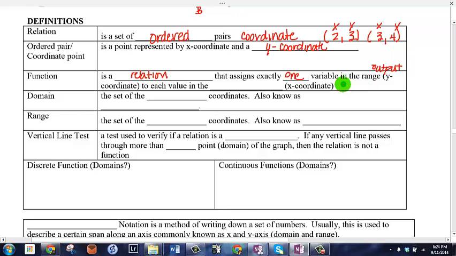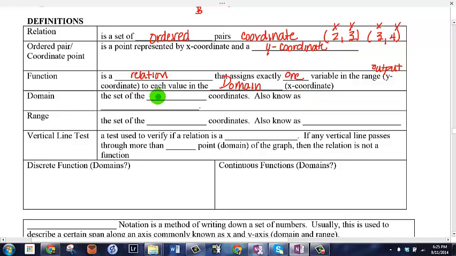Okay, so it assigns one output to each value in the domain, or our x coordinate. All right, so a function then is a very specific vending machine. For every input, there's exactly one output. That means that if you press a value on the vending machine, there's exactly one snack that comes out of it.